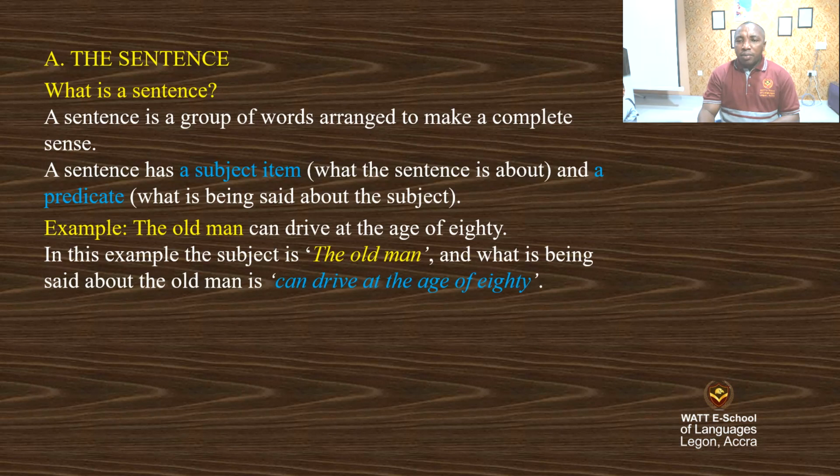In this sentence, the subject is the old man, and what is being said about the old man is can drive at the age of 80. It means that the subject here is the old man and the predicate is can drive at the age of 80. The predicate is made up of the verb and the object.